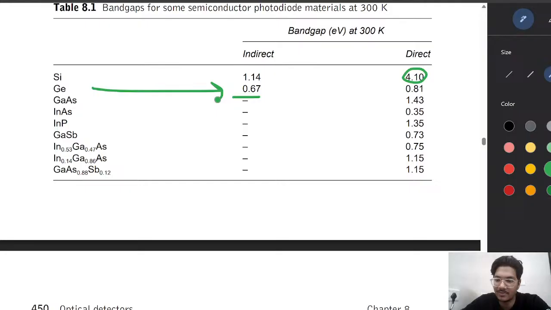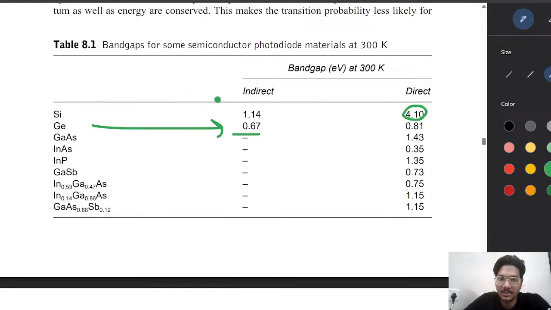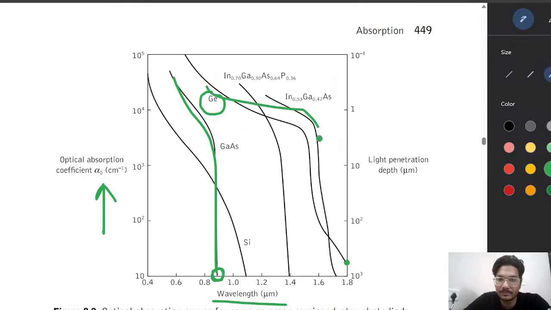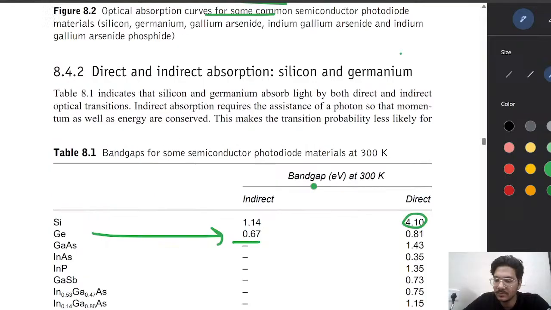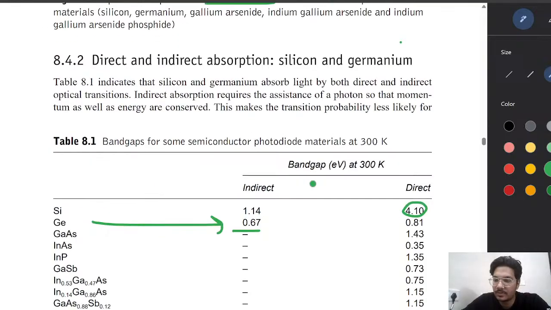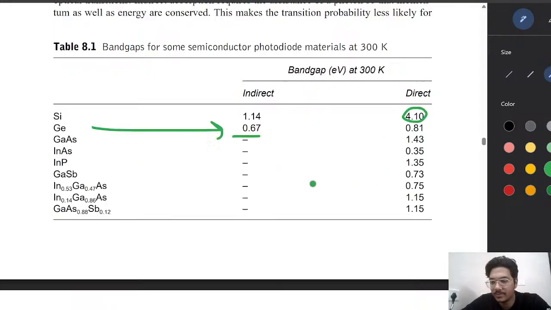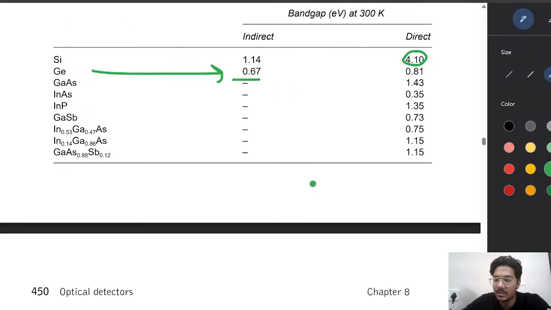You can see a sharp peak in the absorption curve. For wavelength from 0.8 to 1.6, both direct and indirect absorption allow the germanium photodiode to be used for the entire telecom band. Germanium works over all major fiber optic windows.